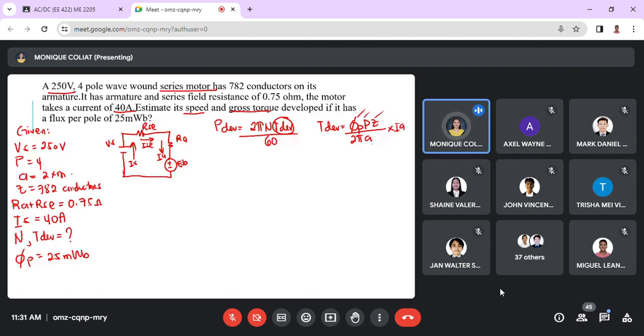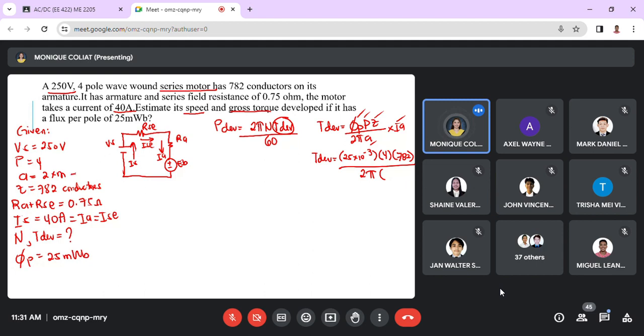Si IA ay meron din pala, kasi ito ay series, so IS is equal to IA equal din kay ISE. So, direct sub lang pala to. So, TDEV is equals to 25 milli, so times 10 raised to negative 3. Number of poles is 4. Ang Z is 782 divided by 2 times I times A. Anong A natin? May M ba? Wala. So, that is 1.